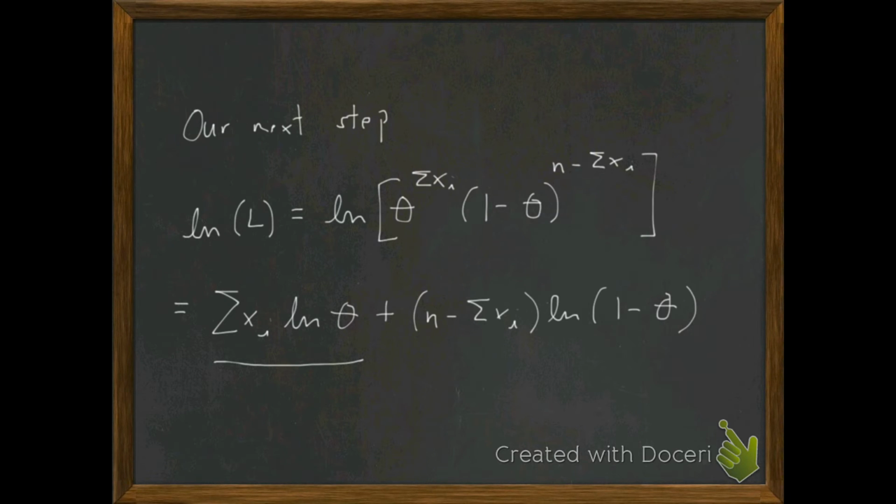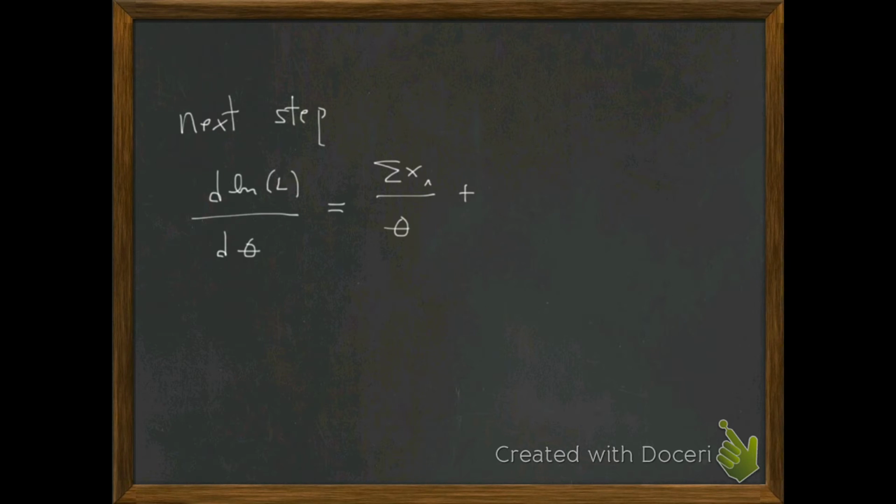Then we have the chain rule that we have to apply, so we're going to end up with n minus sum xi over 1 minus theta, and we have to multiply by negative 1 because of the chain rule.